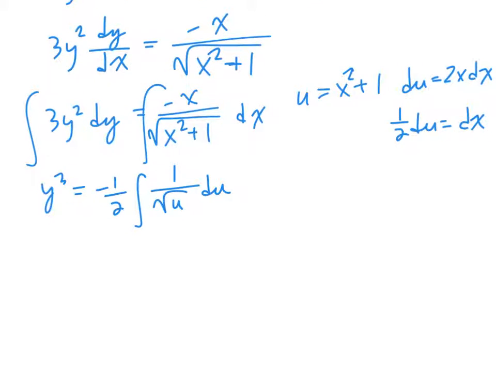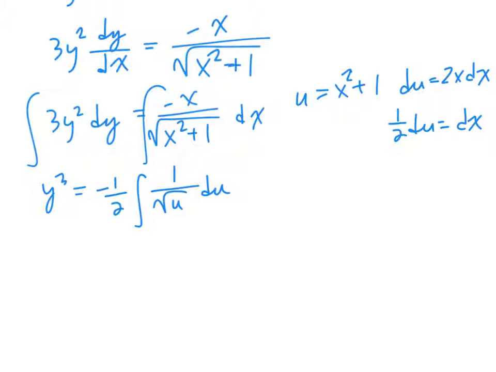Okay, next we're going to integrate. So 1 over square root u is really just u to the negative 1/2. So I'm going to guess that the integral is going to be u to the 1/2. Okay, so then take the derivative. 1/2 u to the negative 1/2. And we can see that that 1/2 is not preferable. So I'm going to put a 2 in the front.